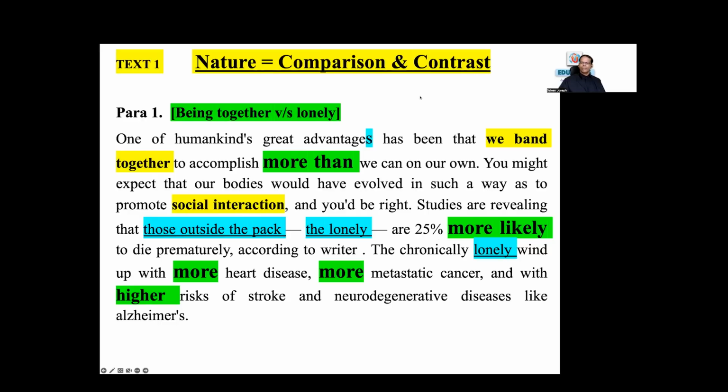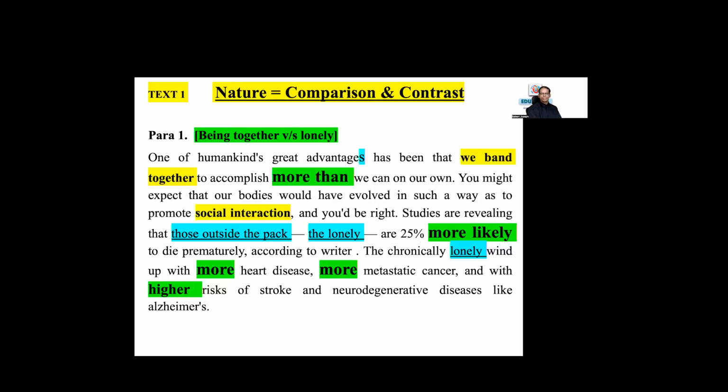Somebody asked me, yesterday in the session, whether I could give some other examples of comparison and contrast nature of paragraph. So here is one. Being together versus lonely. One of humankind's great advantages has been that we band together to accomplish more than we can on our own.